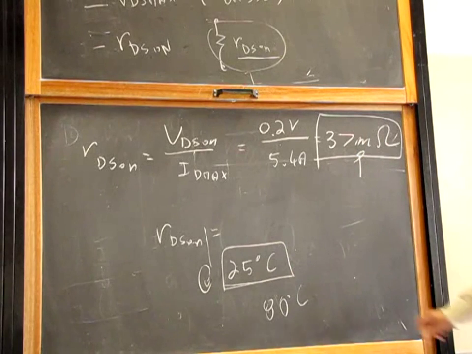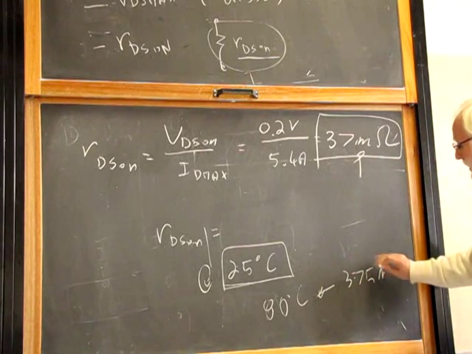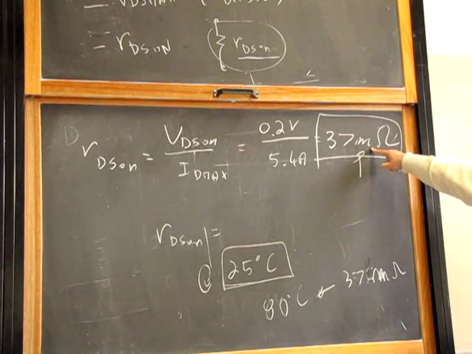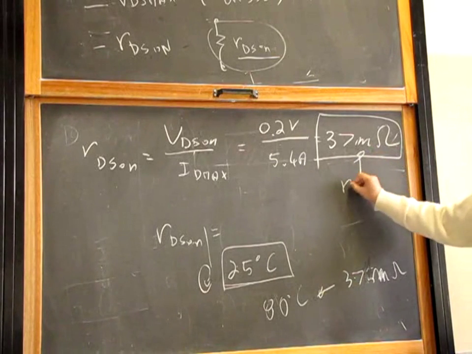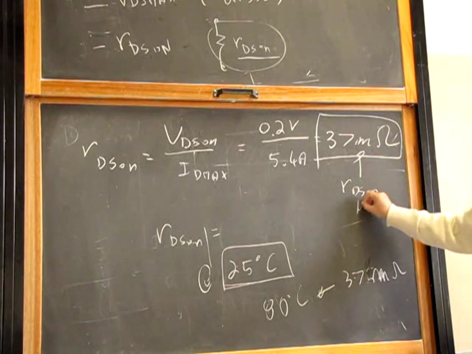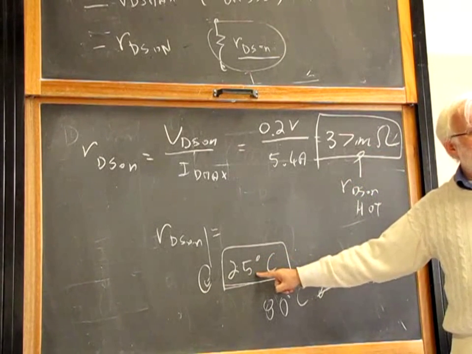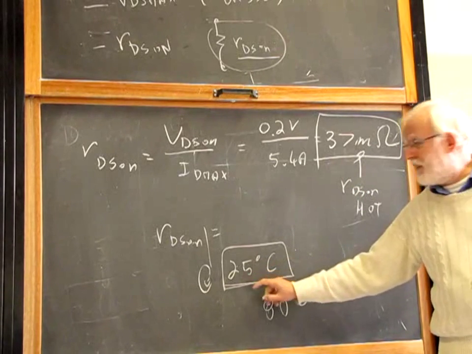What I mean is that you will need 37 milliohms when the transistor works, when it is hot. This is the hot resistance, RDS on hot. But on the data sheet, you find a better number because it's given at 25, it's the cold resistance.